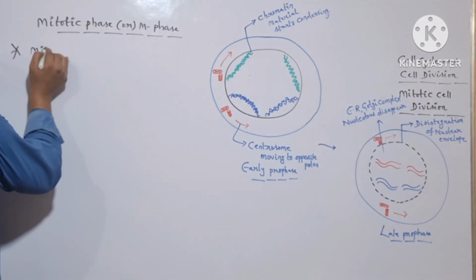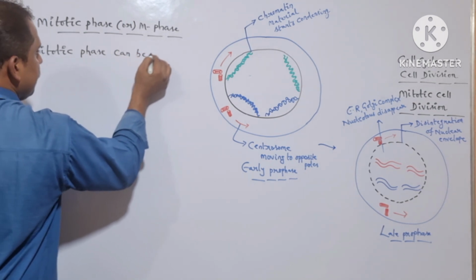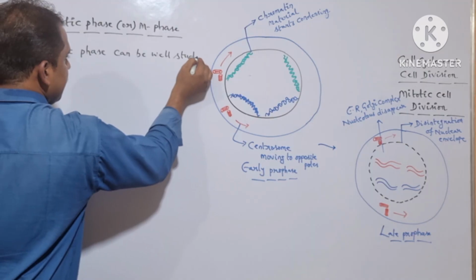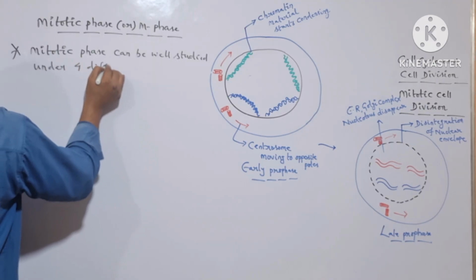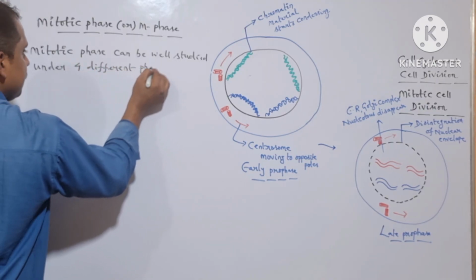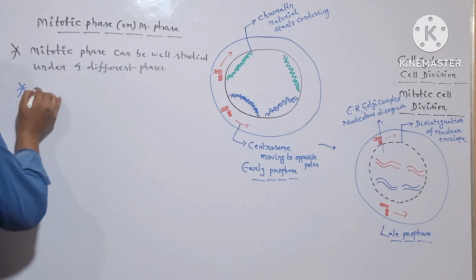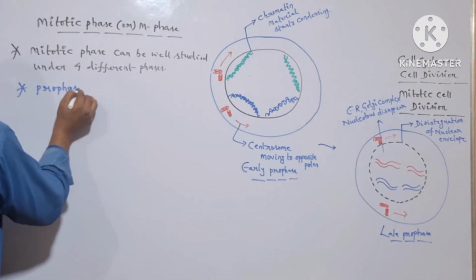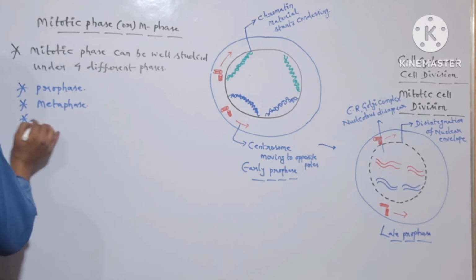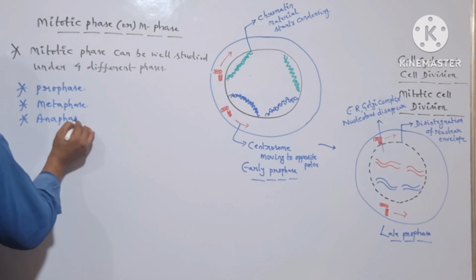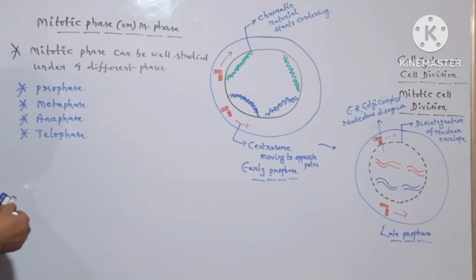Mitotic phase can be well studied under four different phases, and these may include prophase, metaphase, anaphase and telophase, right?